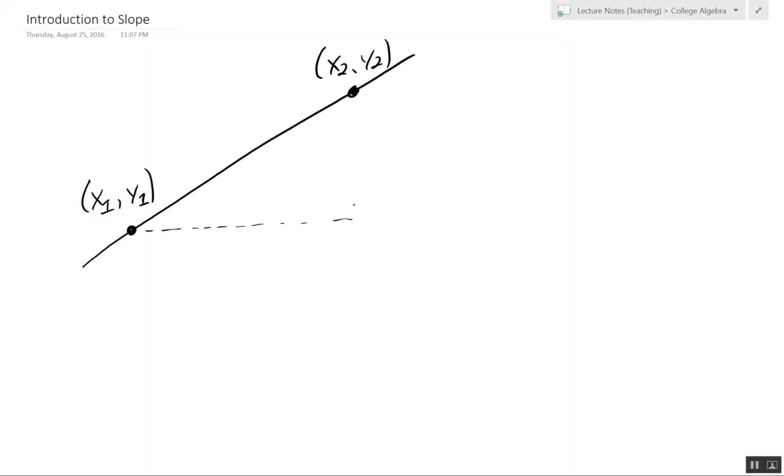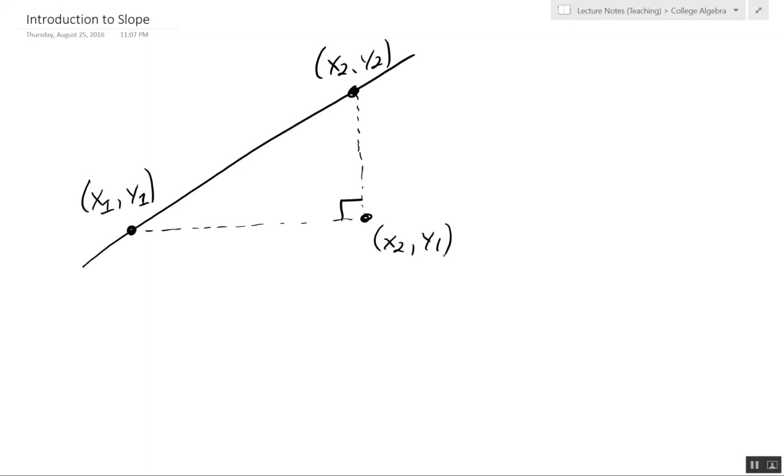There's going to be this point directly below x2, y2, and directly to the right of x1, y1, and we get this right angle here. And this point is x2, y1.